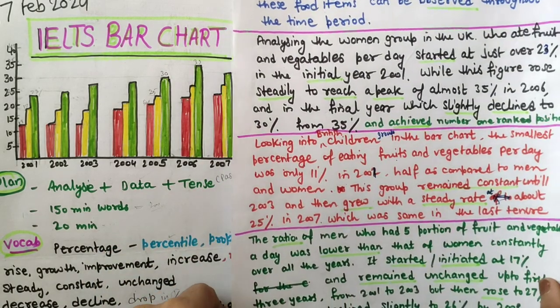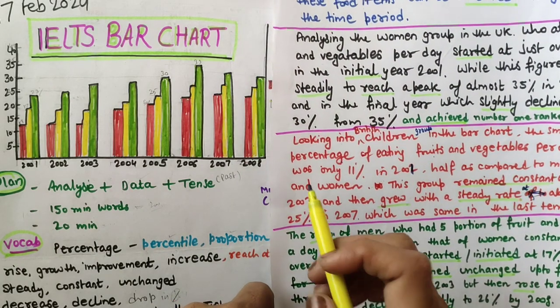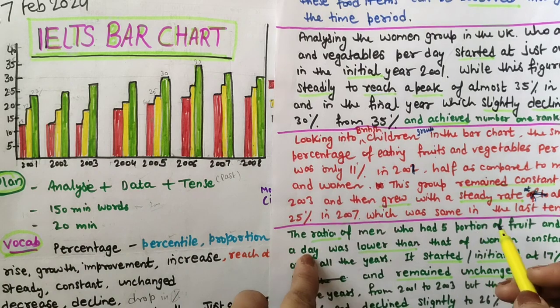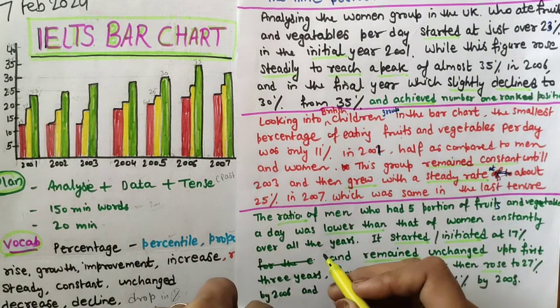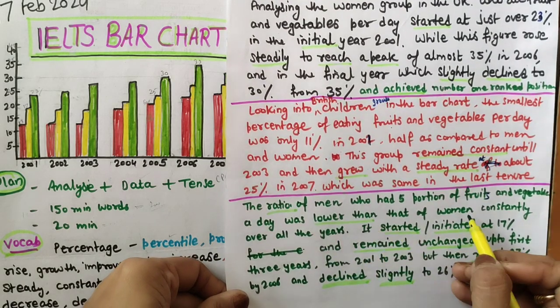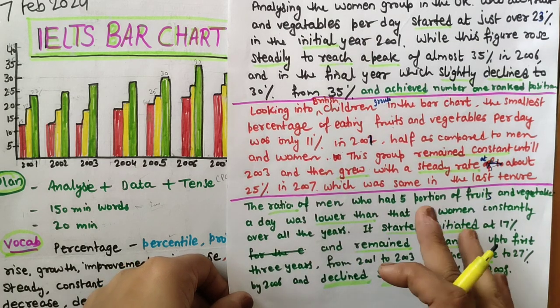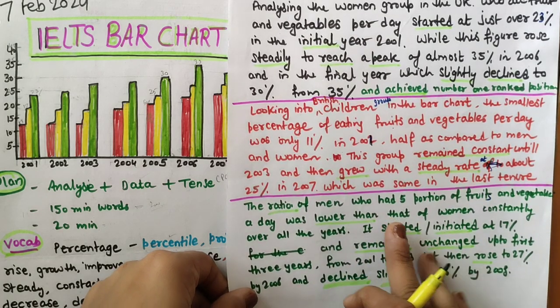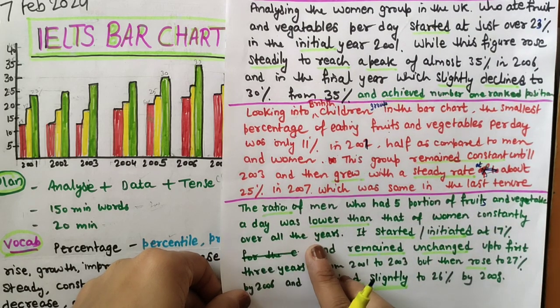Now men: the ratio of men who had 5 portions of fruits and vegetables a day was constantly lower than that of women. Here also we are comparing, because without comparison there is no point of getting good bands. Lower than that of women constantly over all the years.